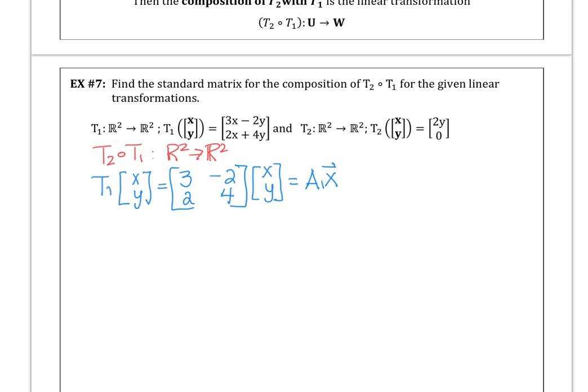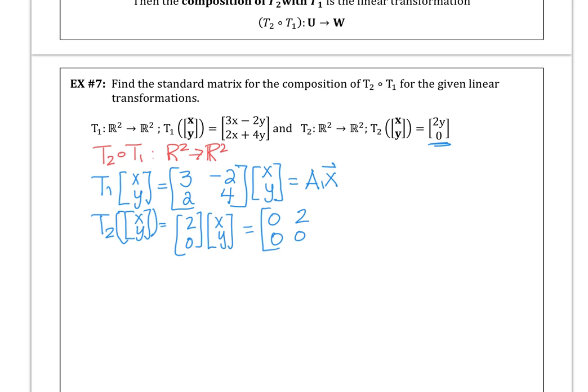Then we want to follow the rule for T2, the transformation T2 with (x, y), which has to give us a 2 and a 0, taking that from this rule here, times some (x, y), but we need a 2 by 2 matrix to give that, so that matrix would be [0, 2; 0, 0] times (x, y), and that would produce A2 times our x bar. So we want to do A2 times A1.